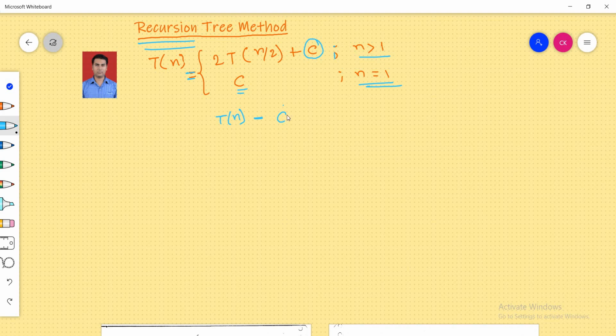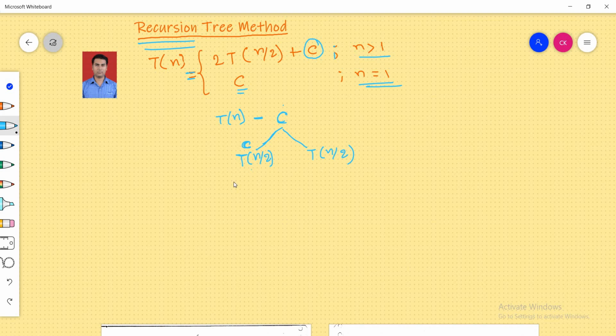What I'm trying to say is, if we do c amount of work, then we can break this problem T of n into two small problems, each of size T of n by 2 and T of n by 2.